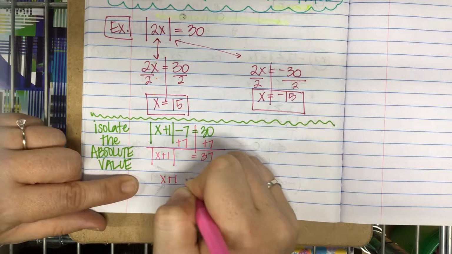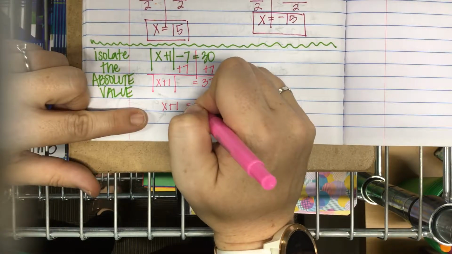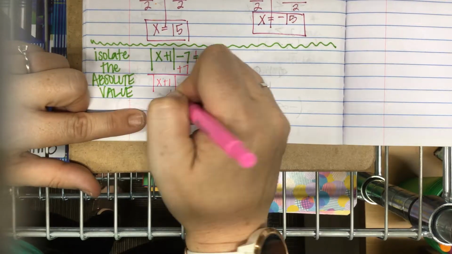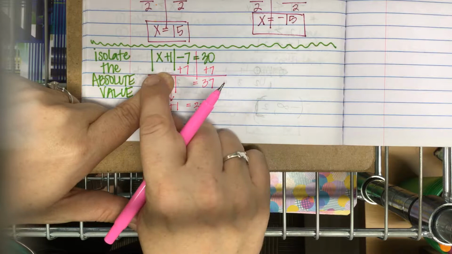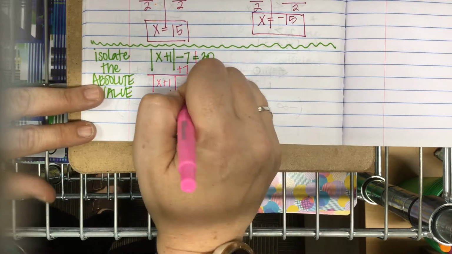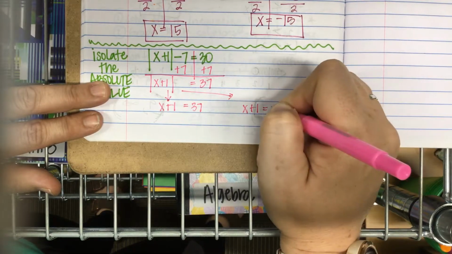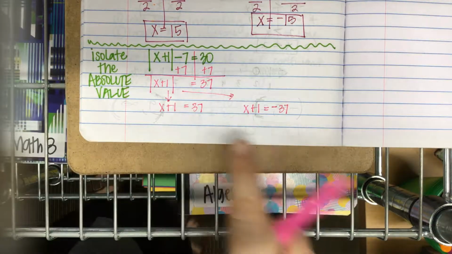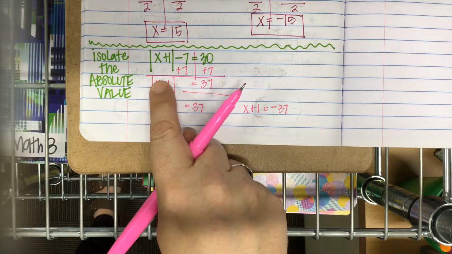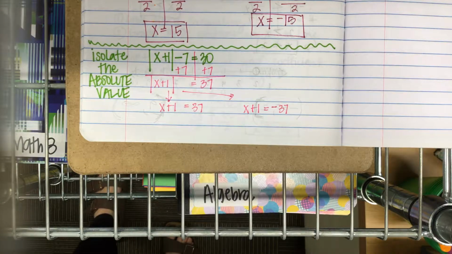X plus 1 equals 37, because I want this value to be 37 to get an absolute value of 37. Or x plus 1 equals negative 37. Because the absolute value of negative 37 will give a solution of 37.